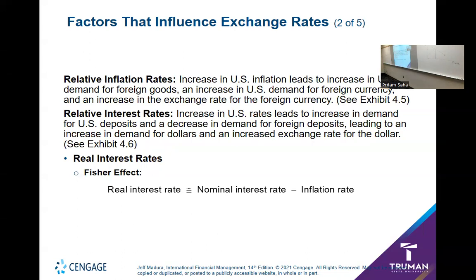More inflation in the US than UK. What should be the impact on the spot rate between dollar and pound? Let's talk about how the demand and supply are going to be affected. Are demand and supply both going to change? One of the two going to change, or nothing going to be changed?